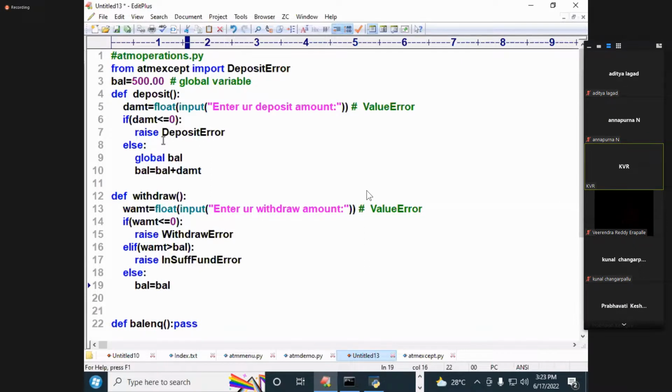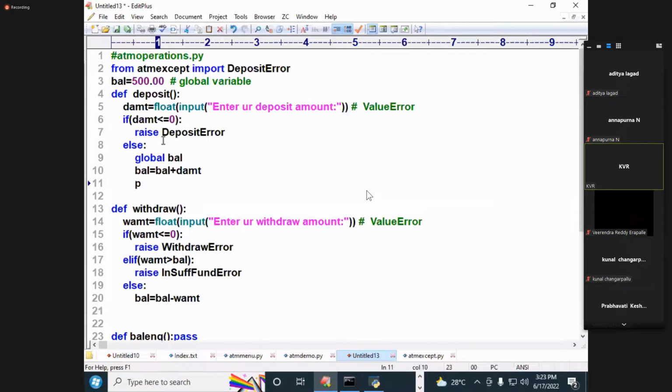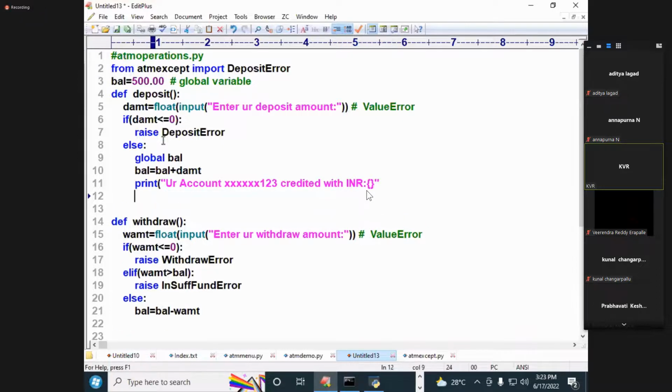Here I will write one small statement. Print under deposit. I forgot to show you the balance. Your account XXX123 credited with INR, dot format of D amount.